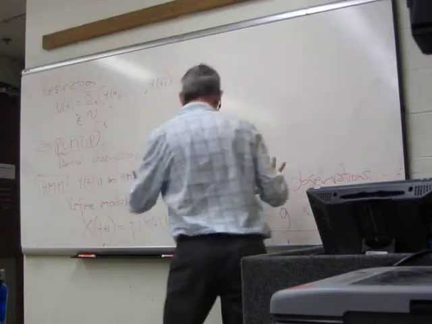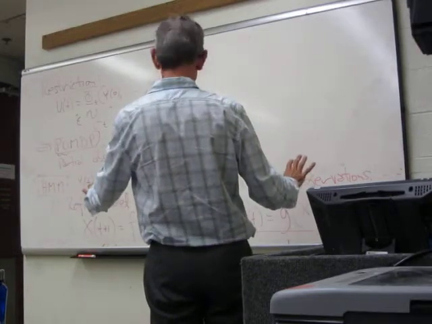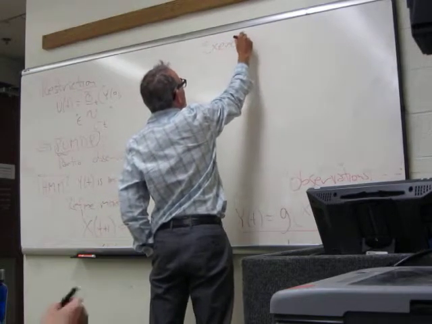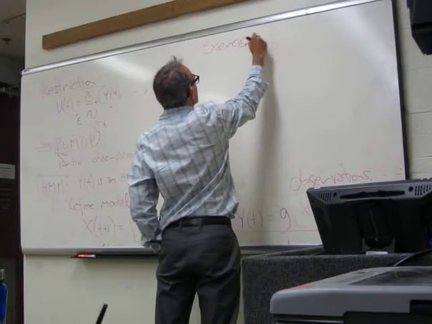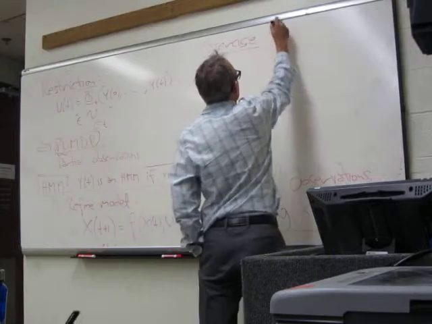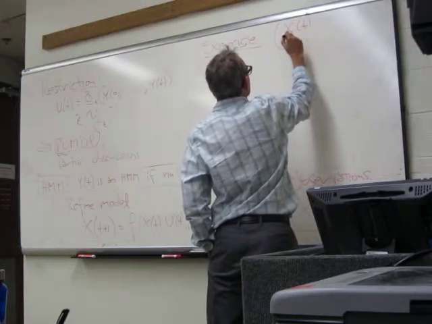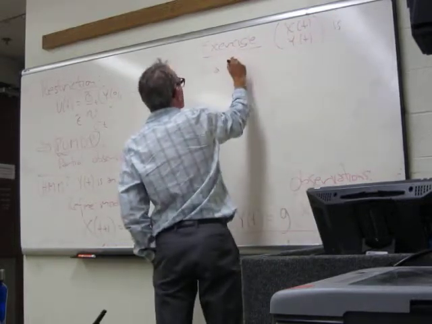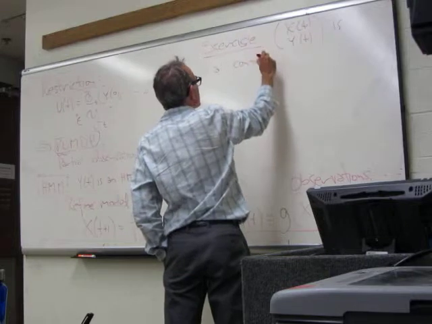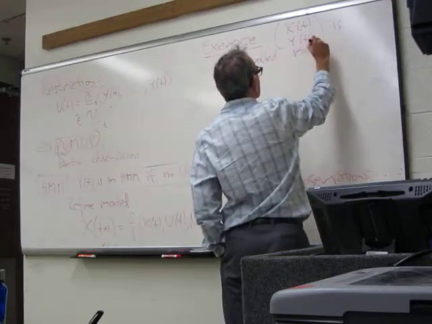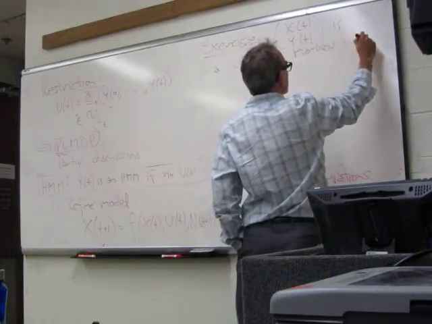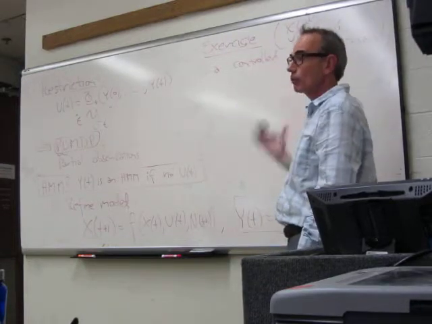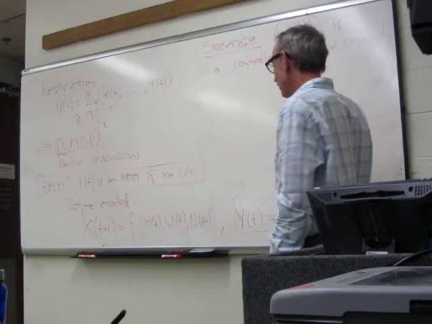Now, if you look at these two things together, exercise, so if you look at x of t and y of t together, it's a controlled Markov chain. Just put these two equations together.